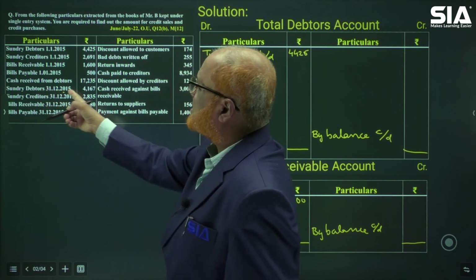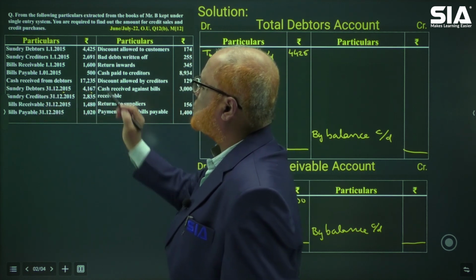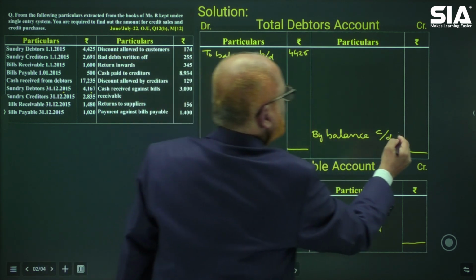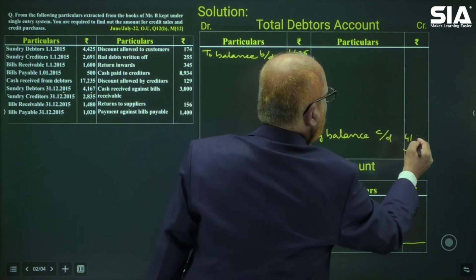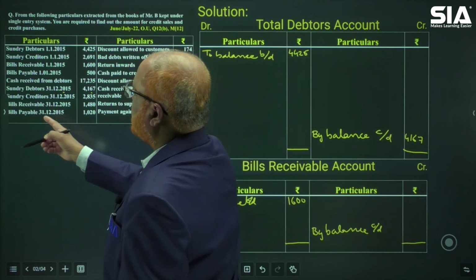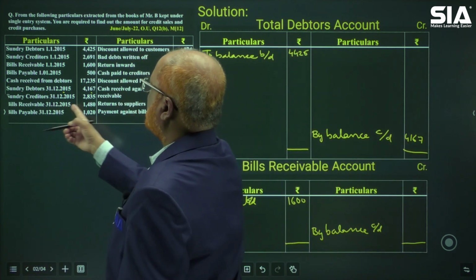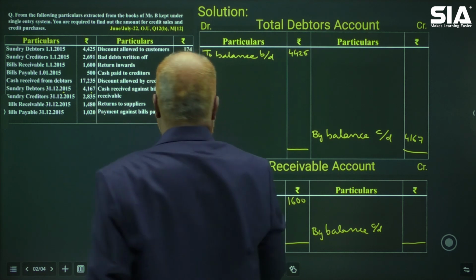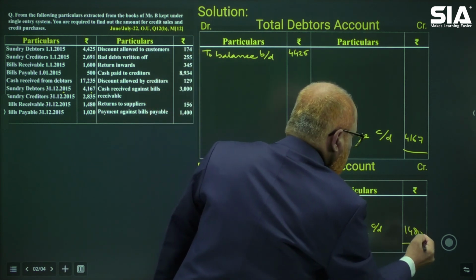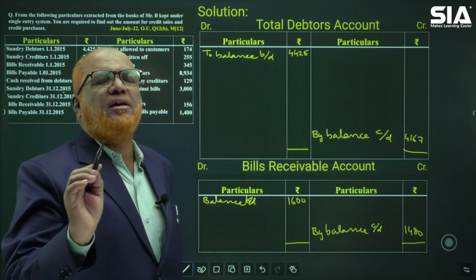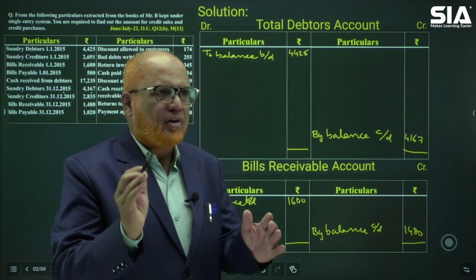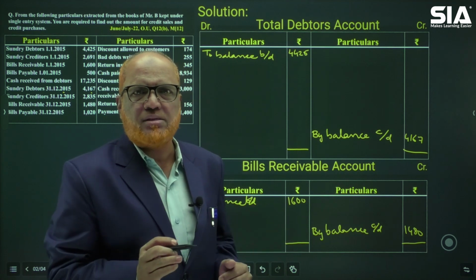Sundry debtors on 31st December 2015 is 4,167. Similarly, closing balance of bills receivable, the bills receivable closing balance 1,480. So the first thing is you must take the opening and closing balances of debtors and bills receivable.